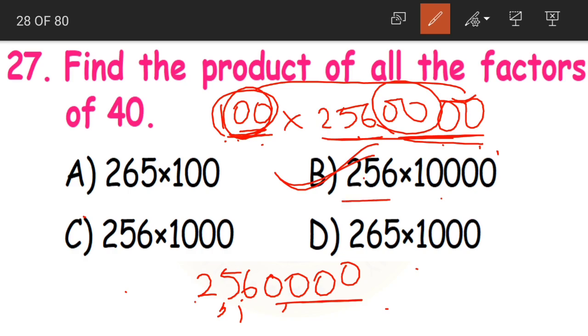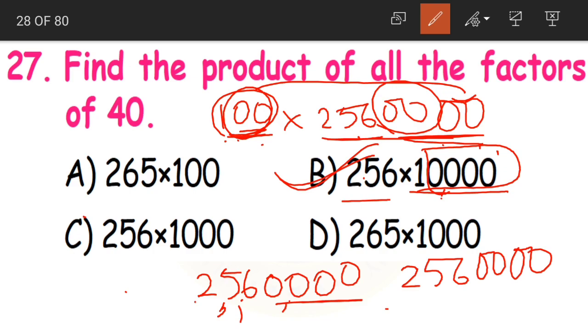Why? See, 256 into 10,000. How to multiply? The number 256 is written as it is, and then we are having 4 zeros. So those 4 zeros will be written to the right of 256. Are these two the same? Yes, these are the same. So option B becomes our correct answer. Understood, children? We already know how to multiply by 10.